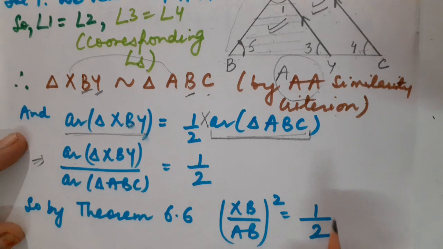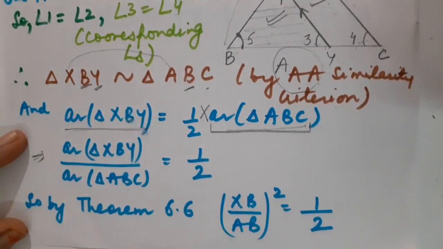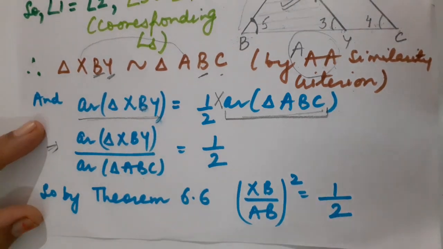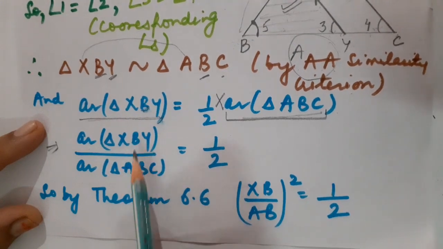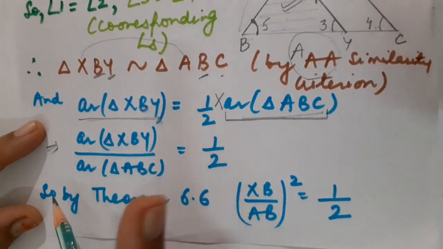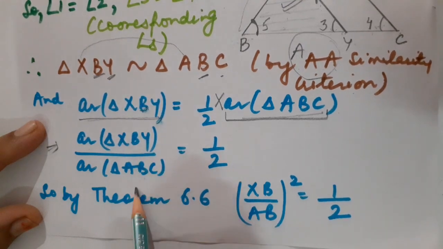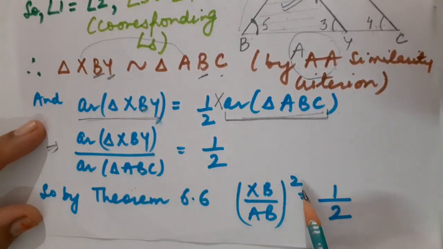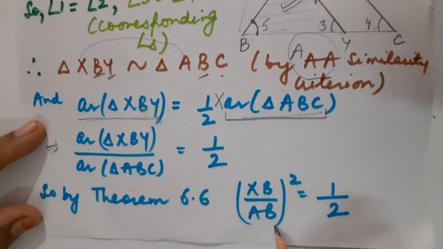Correct? Now children, this is the time to recall theorem 6.6. What did you learn in theorem 6.6? We learned that the ratio of the areas of two similar triangles, they both are similar, I have just proved now, is always equal to the square of the ratio of their corresponding sides.